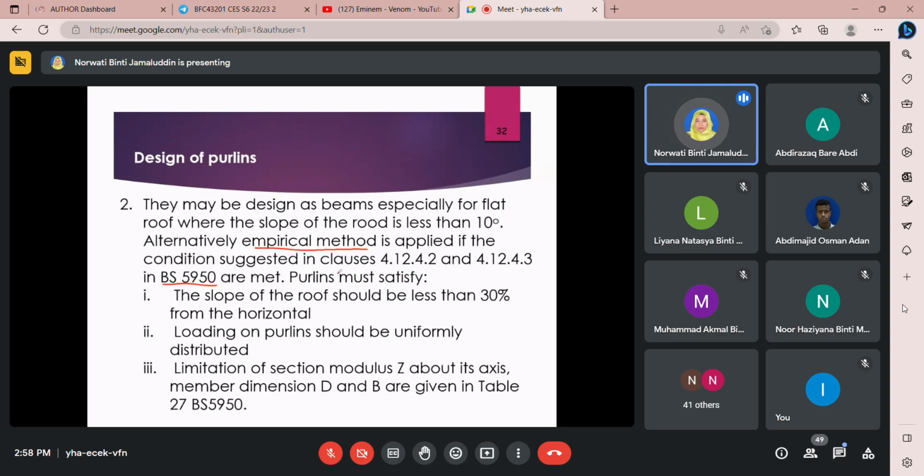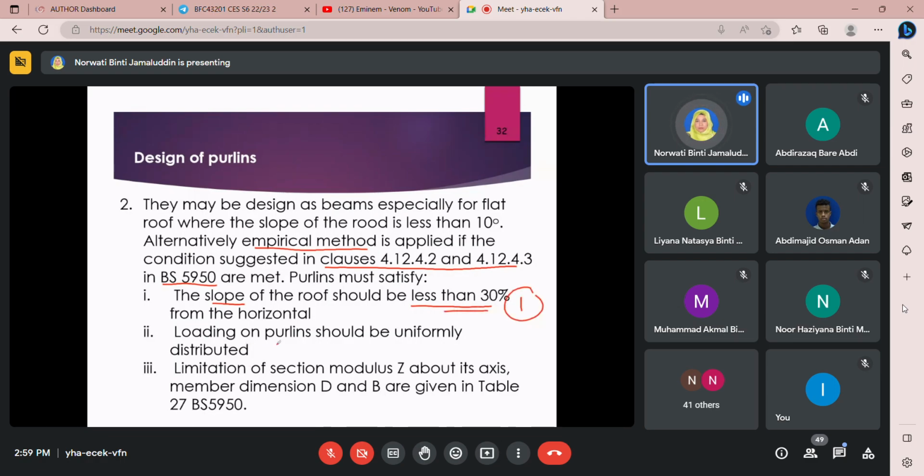In order to use this procedure, which are listed in this clause, okay, in these two clause, you need to meet specific requirement or specific condition. In general, you can use empirical method if the angle or the slope of truss is less than 30. That is the first one.